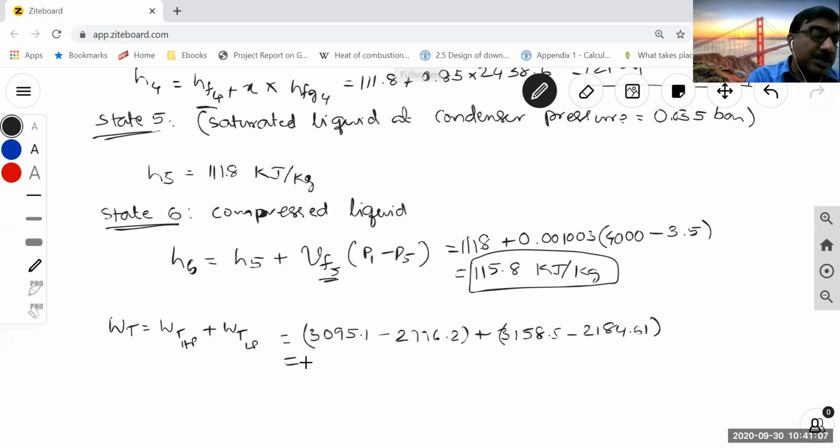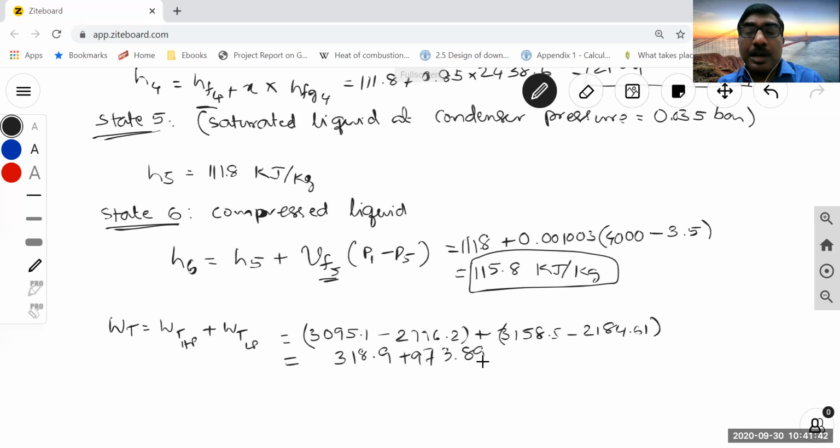Let us see how much it is. 3095.1 minus 2776.2. So this is 318.9 plus 3158.5 minus 2184.61, 973.89.